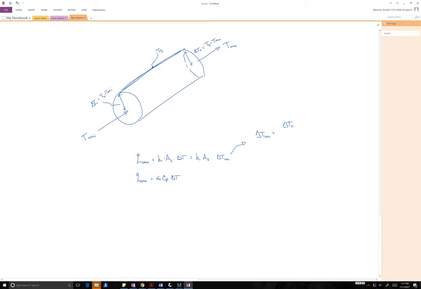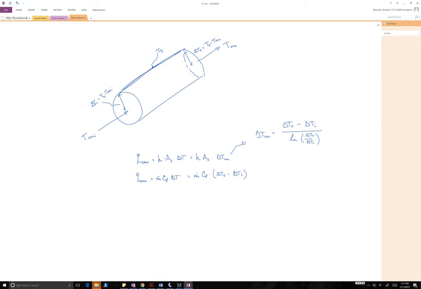So this delta T_LM term becomes delta T at the outlet minus delta T at the inlet over the natural log of the delta T at the outlet over the delta T at the inlet. Simple enough. And this becomes our mass flow rate times our heat capacity times delta T at the outlet minus delta T at the inlet.